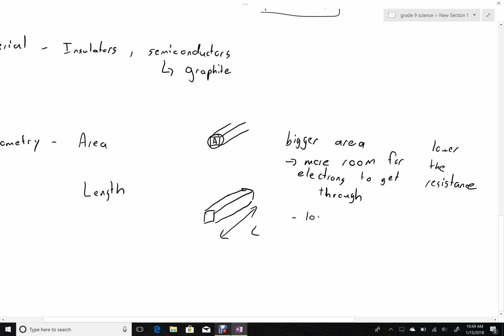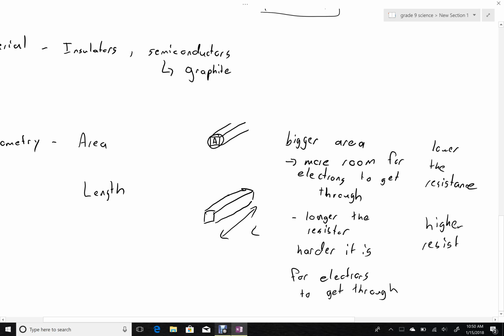Here, the longer the resistor, the more resistance, or the harder it is. And that makes a higher resistance.